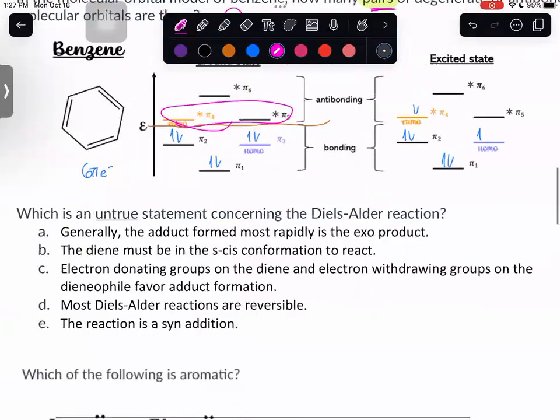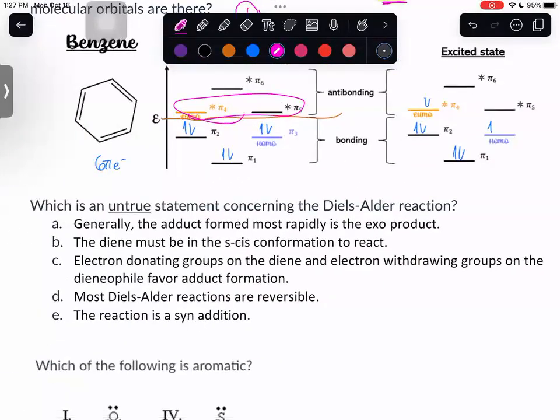Okay, let's look at this one. Which one is an untrue statement for Diels-Alder? Take a few seconds to read that one. Do you have an answer?